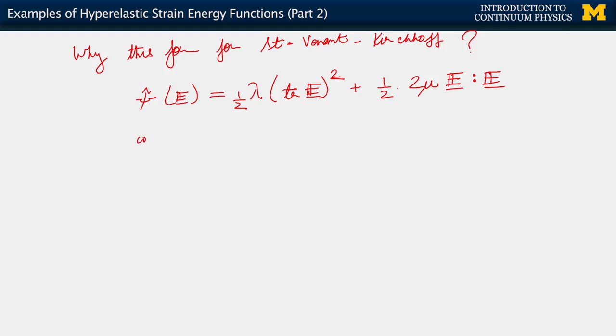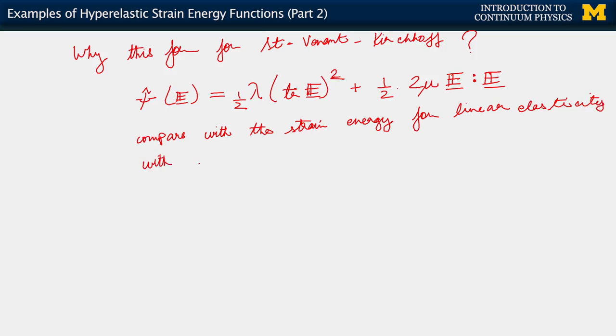So if you compare this with the strain energy for linear elasticity, with the infinitesimal strain, where the infinitesimal strain is denoted epsilon, and it is just 1/2 of the displacement gradient plus its own transpose.